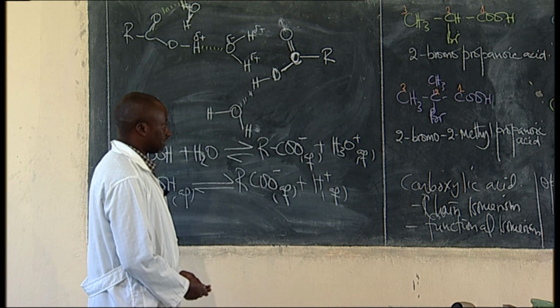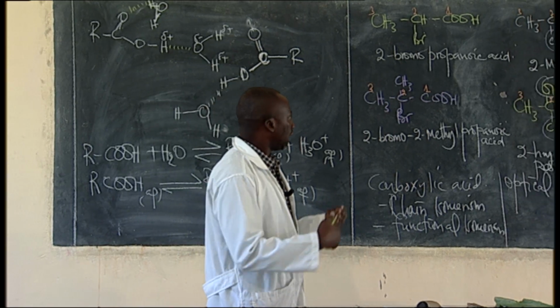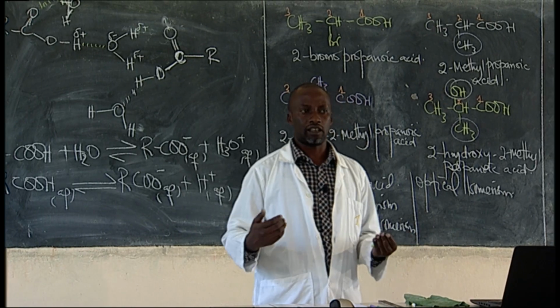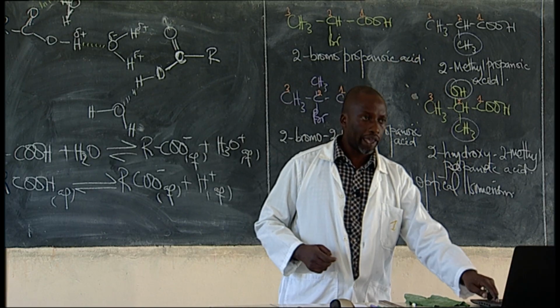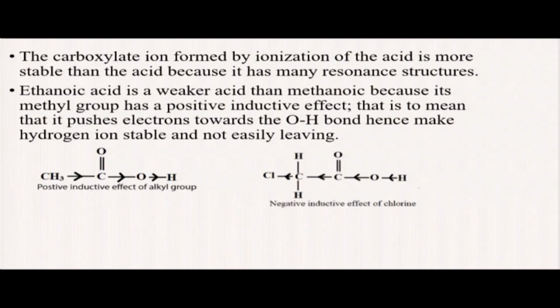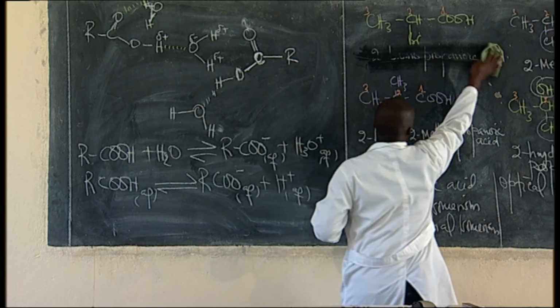So they are weak acids, but to what extent are they all very weak? Do they have the same acidity? The acidity of these compounds also depends on the substituents that are attached on the carbon next to the hydrogen to be released.